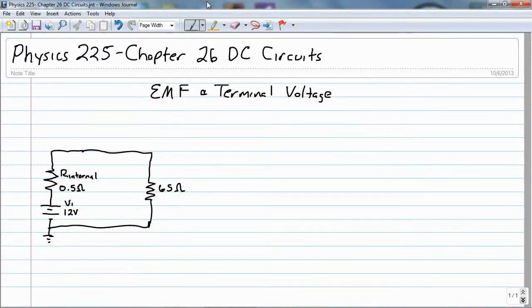Let's spend a couple of moments discussing an important topic as we get started. In this case, we're going to talk about EMF and terminal voltage. Now, the term EMF, the only reason I bring it up is because Gene Coley mentions it, but EMF actually stands for Electromotive Force.